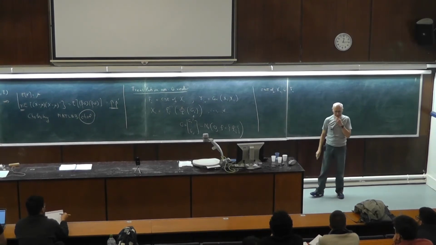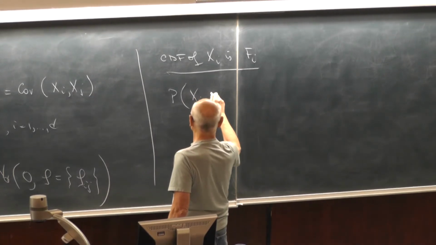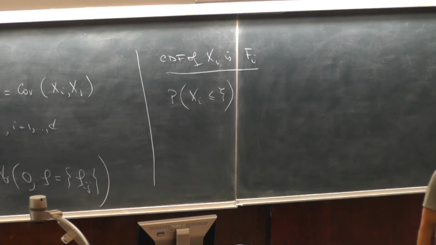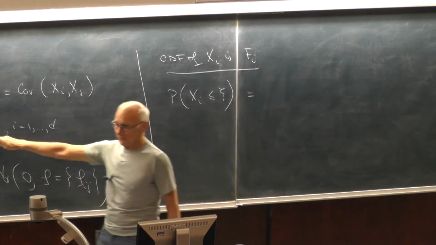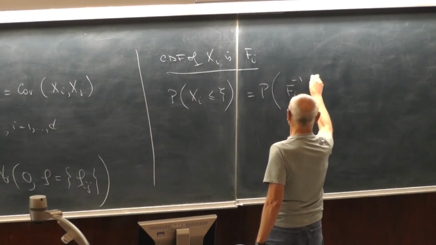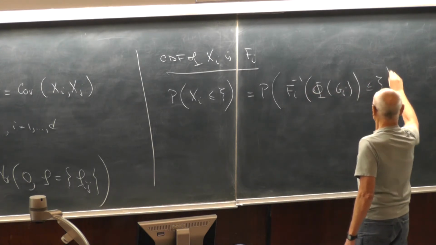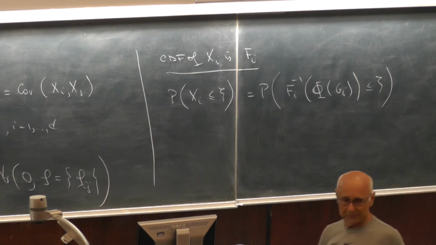Okay? So the first thing, this is what we show now. We use a definition, right? That's the definition of the distribution of Xi: probability Xi is smaller than a threshold. Take the definition, put it inside there. So I just copy the definition, and now just use the properties of this function.